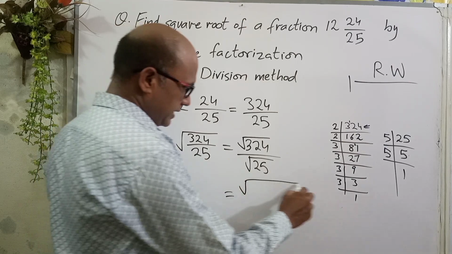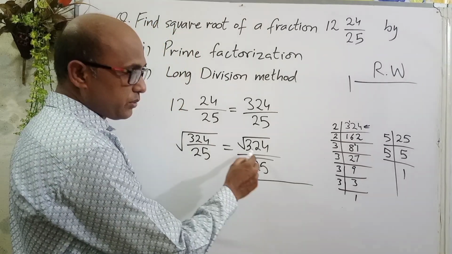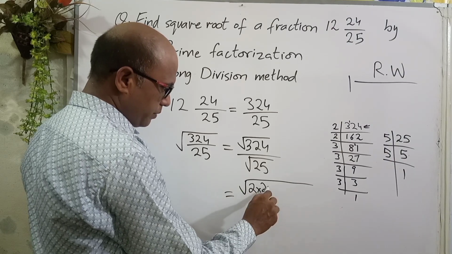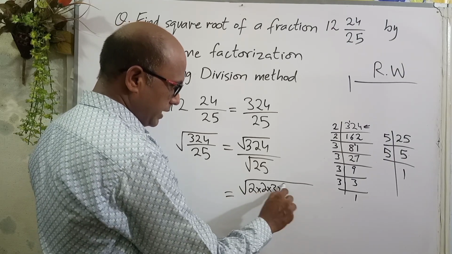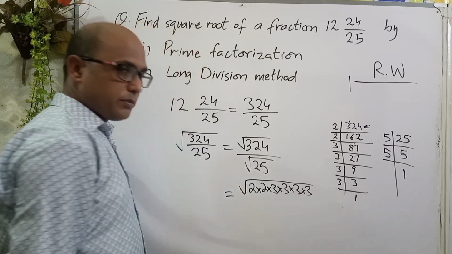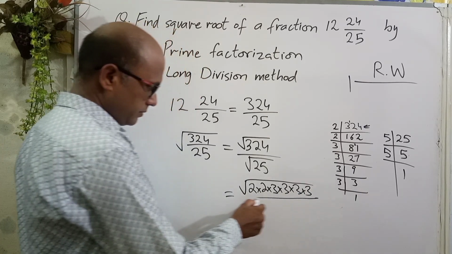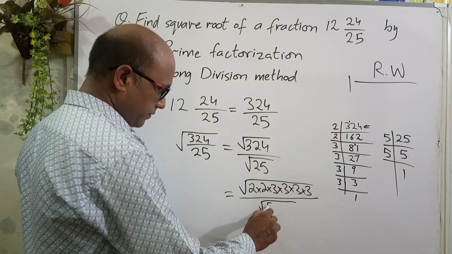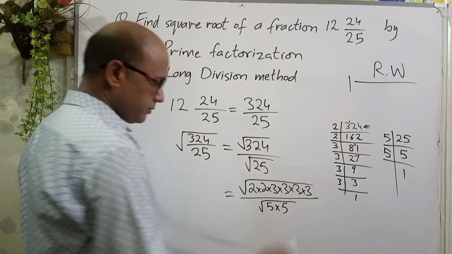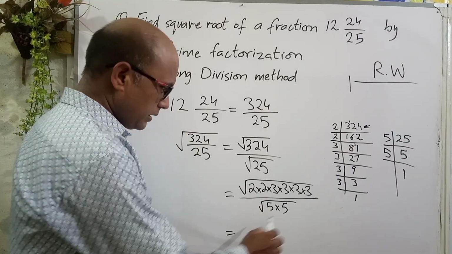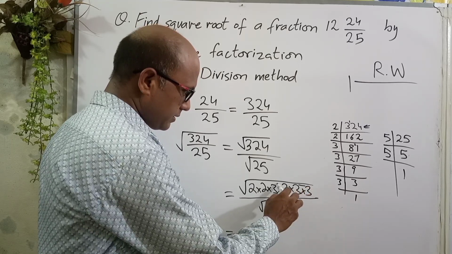the prime factors of 324: 2 multiplied by 2 multiplied by 3 multiplied by 3 multiplied by 3 multiplied by 3, 4 times 3, and then the factors of 5: 5 5s are 25. Let's make pairs.